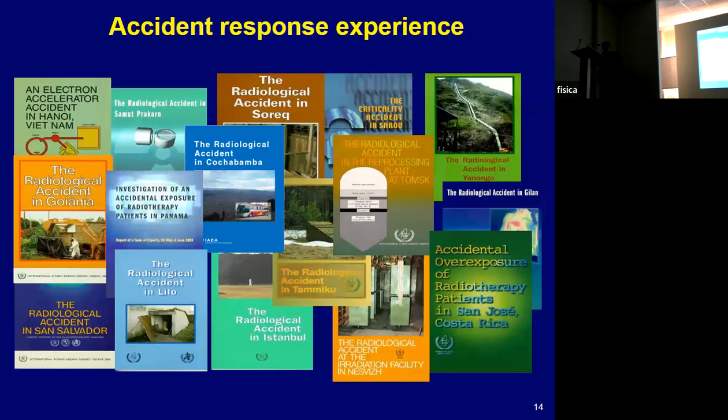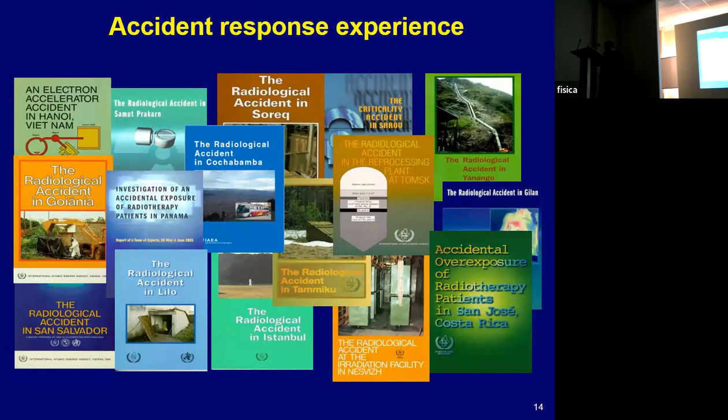Assistance to International Atomic Energy Agency member states in responding to accidents and analyzing the consequences of accidental exposure are important functions of the International Atomic Energy Agency. Accident lessons are analyzed in agency publications.